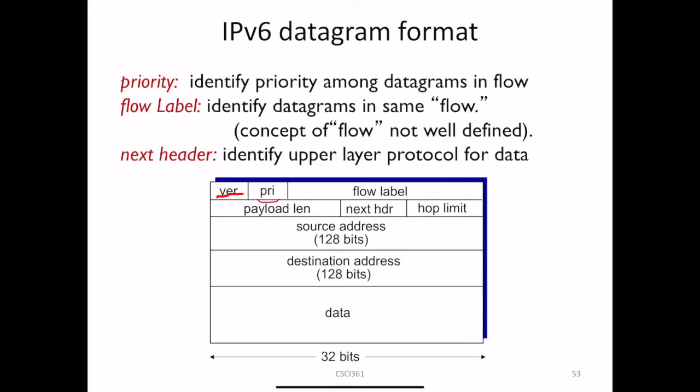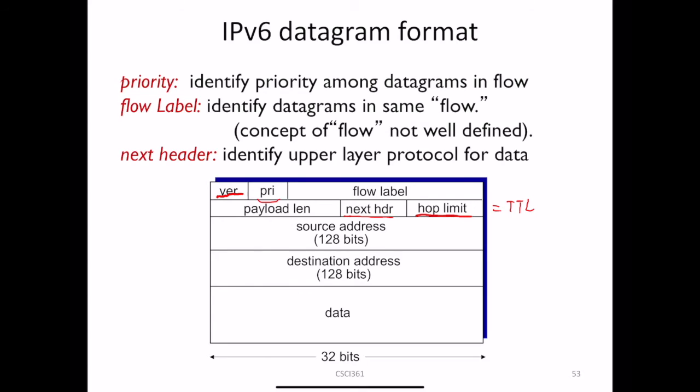For the next header field, this one is to identify the upper layer protocols for data. For example, the TCP protocol or the UDP protocol used by the upper layer. And the hop limit is just the same as the TTL in IPv4.